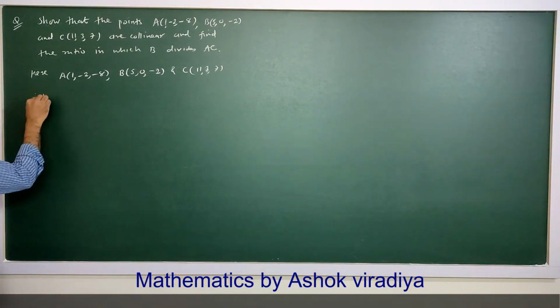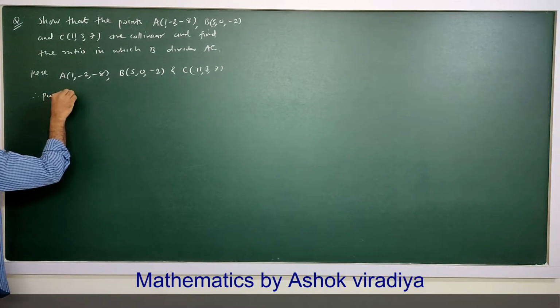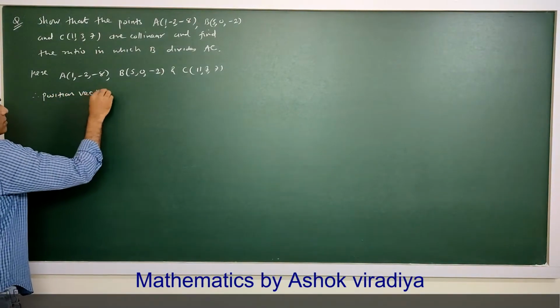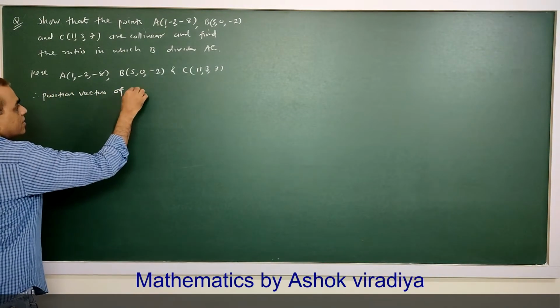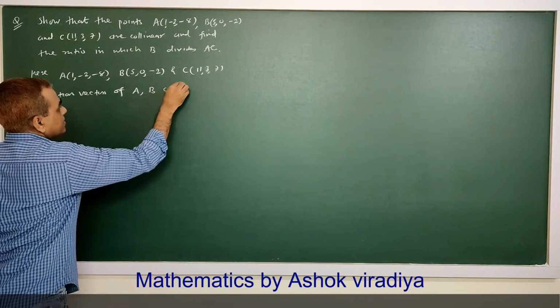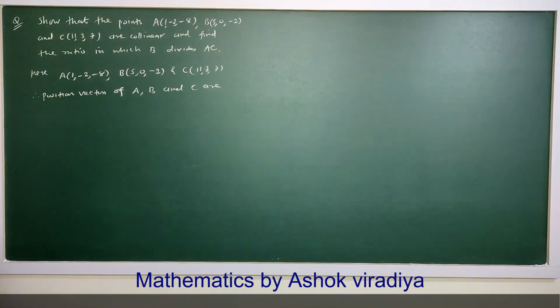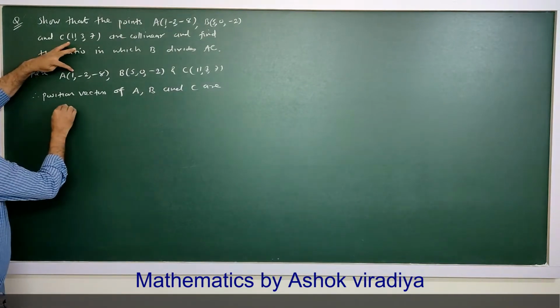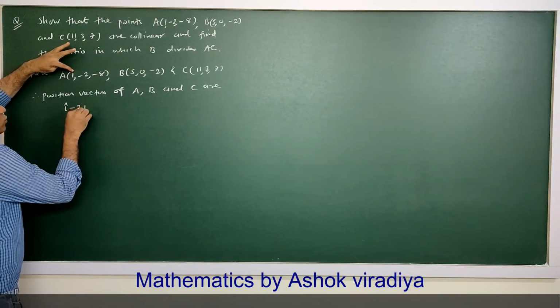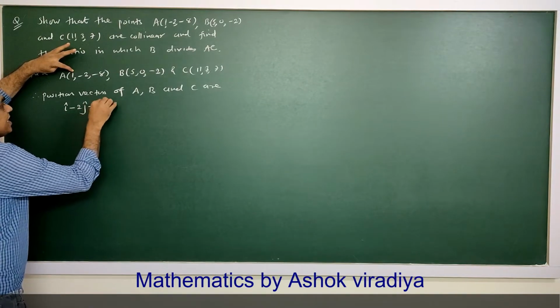Therefore, from the coordinates we can put the position vectors of A, B and C. The position vector of A is i minus 2j minus 8k.